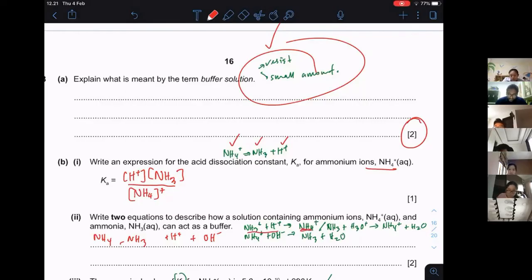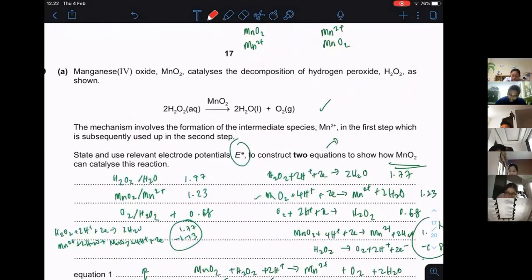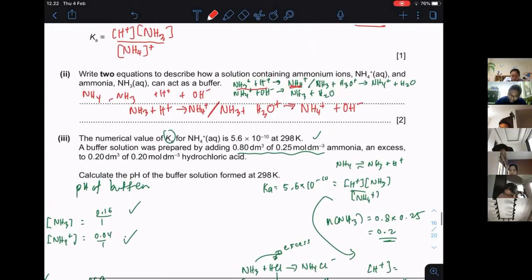So you can write down ammonia plus H plus to give you ammonium. But in the marking key, I think they give you ammonia when it acts in the form of H3O plus, which is the same as H plus. Then they give you ammonium ion plus OH minus, which gives ammonium ion and then water.